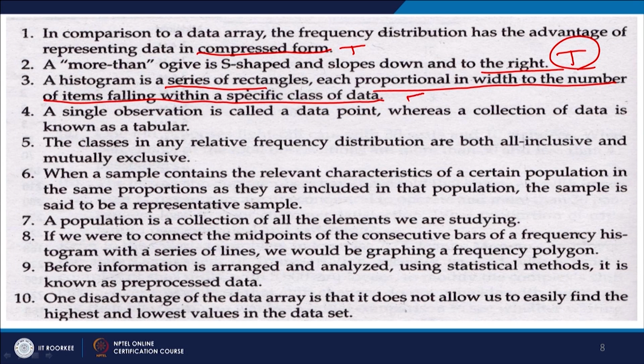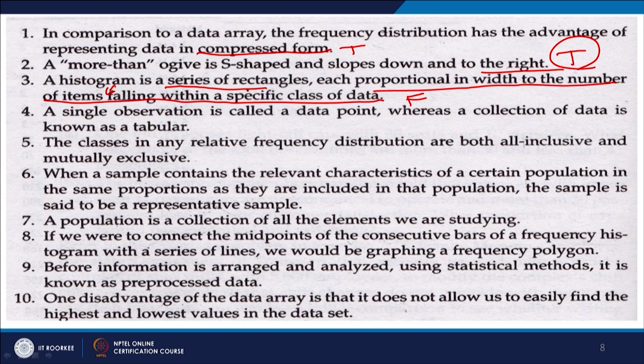So, this is a false statement. Why? Because each width is proportional to the class interval, right. It is not to the number of items falling. Okay. So, this is false.